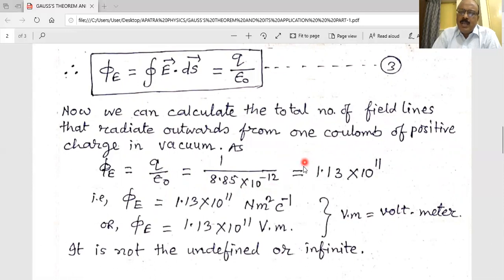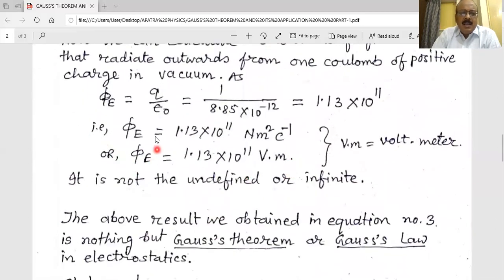After calculation we get about 1.13 × 10^11. This number is not zero, not undetermined, not infinite. That means we get a particular number of field lines that radiate from 1 coulomb of charge, that is phi e equal to 1.13 × 10^11.